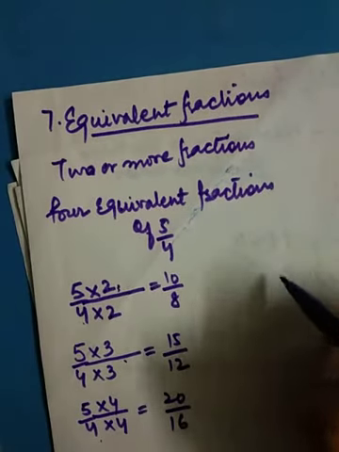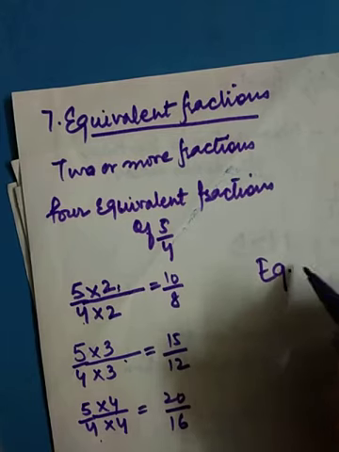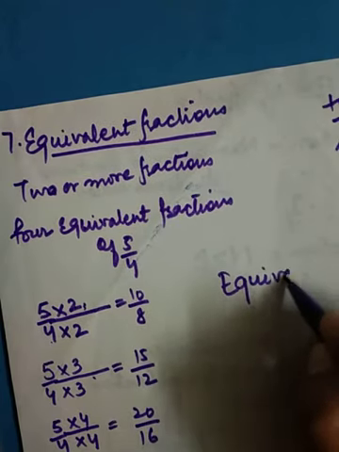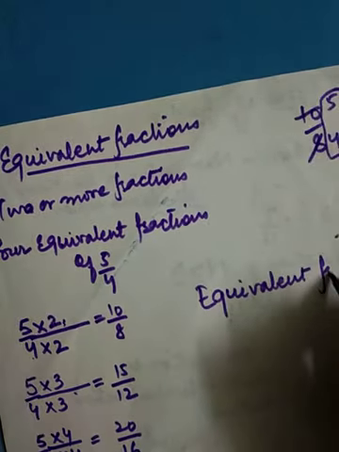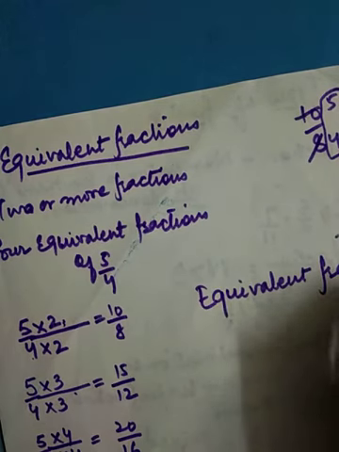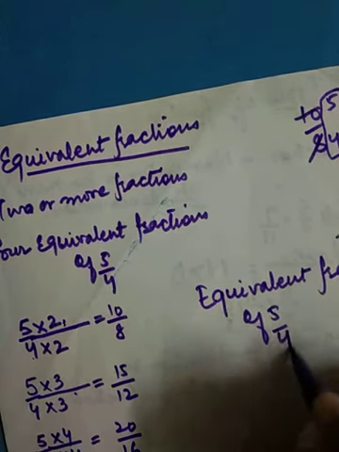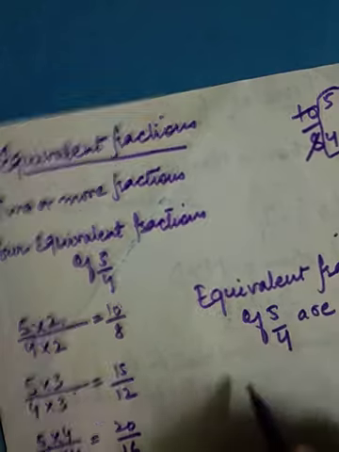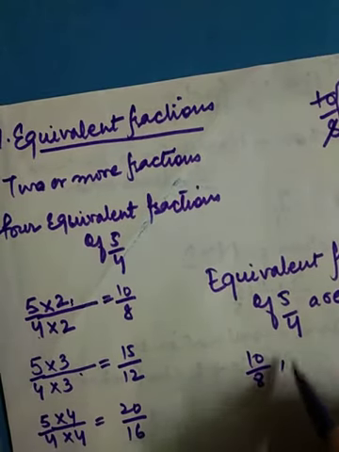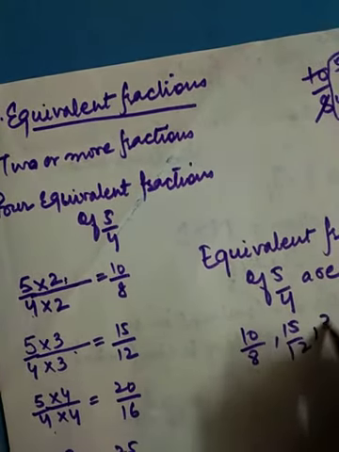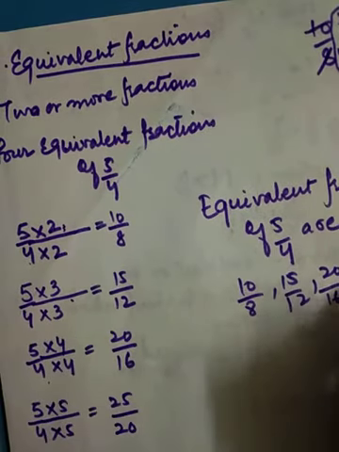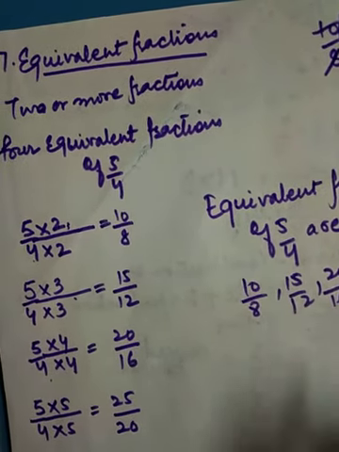So now we can write the equivalent fractions of 5 by 4: 10 by 8, 15 by 12, 20 by 16, 25 by 20.